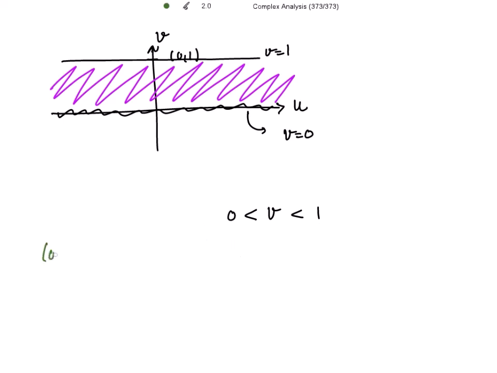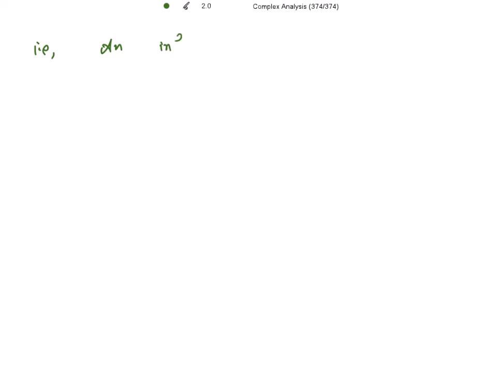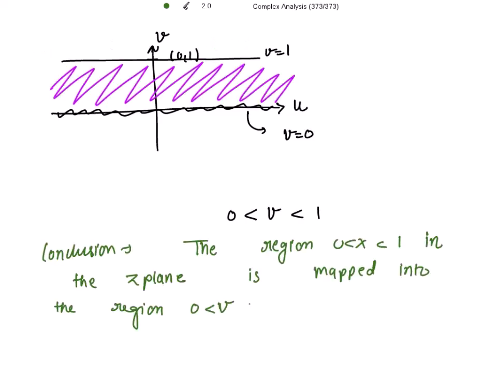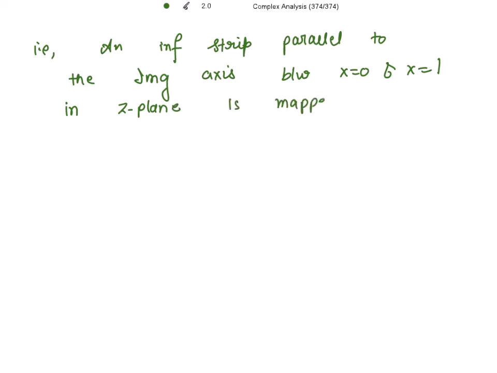So now we can write the conclusion. The region x greater than 0 and less than 1 in the Z plane, an infinite strip parallel to the imaginary axis between x equal to 0 and x equal to 1, is mapped into the infinite strip V strictly greater than 0 and less than 1 in the W plane.